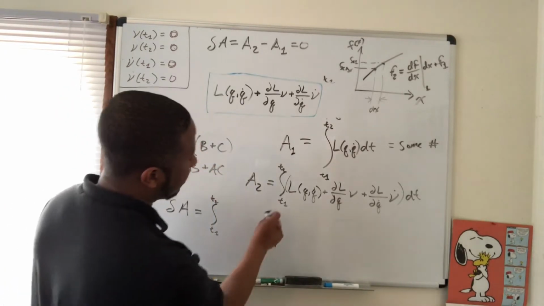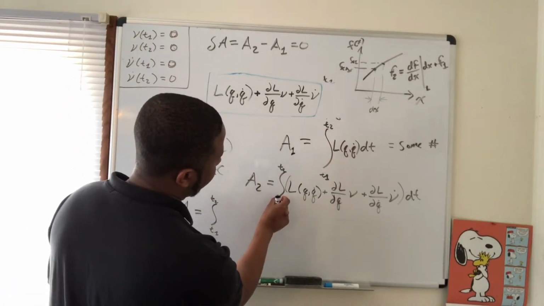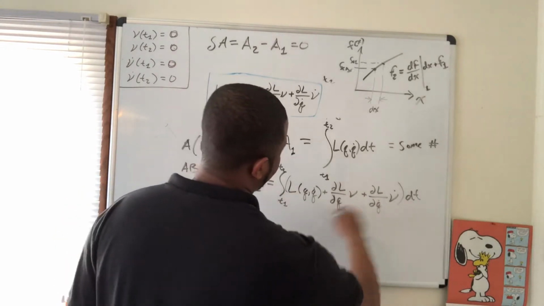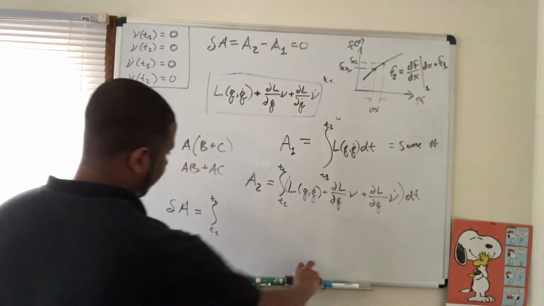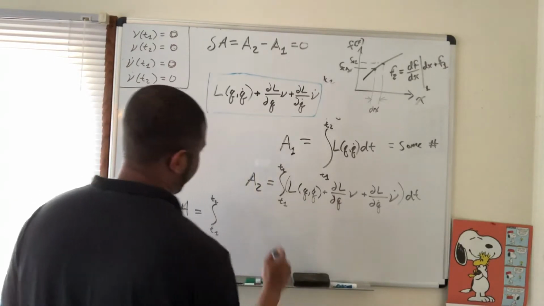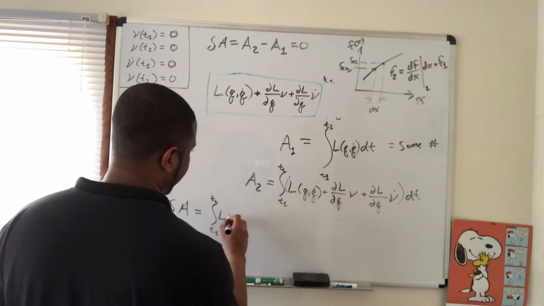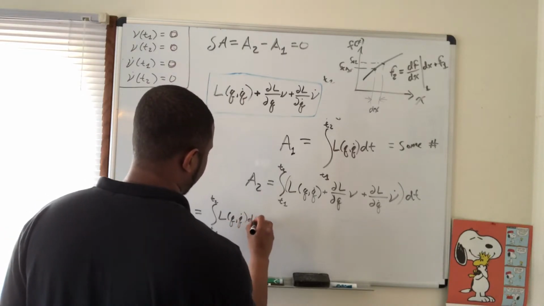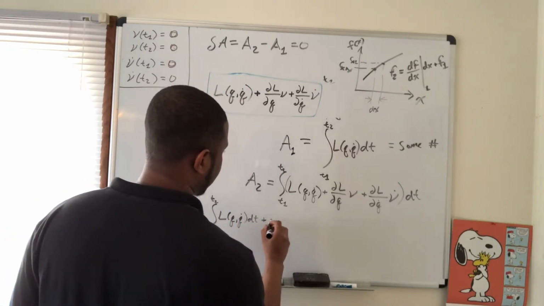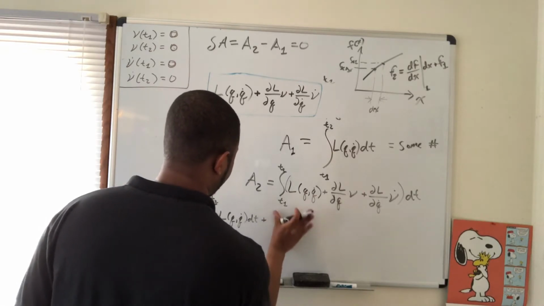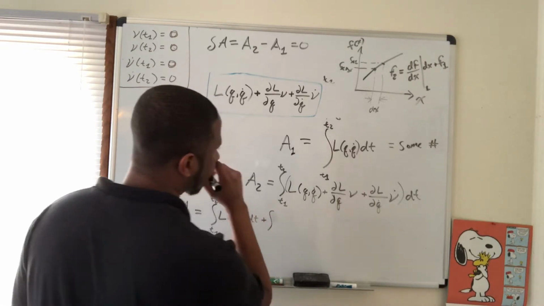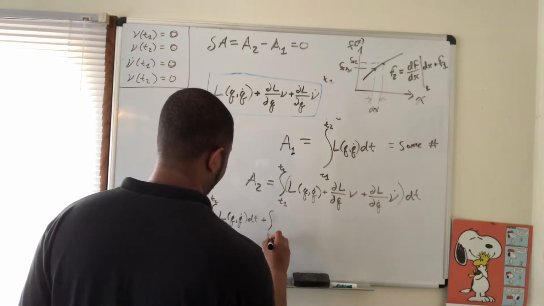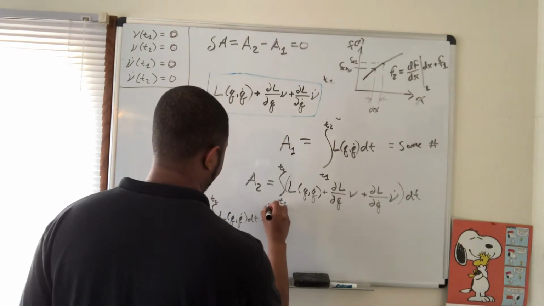So I can take this integral and do it distributively for each term, this term, this term, this term, along with the associated dt. So that's what I'll do now. And I'm doing that for a reason, to make it clear.